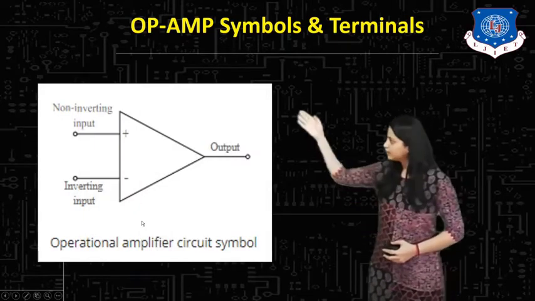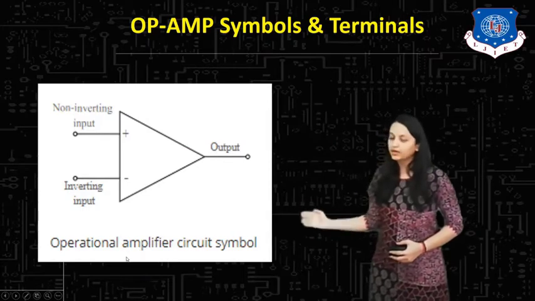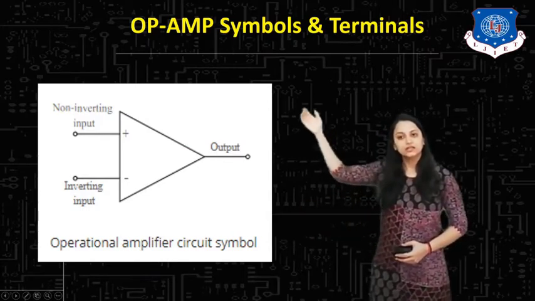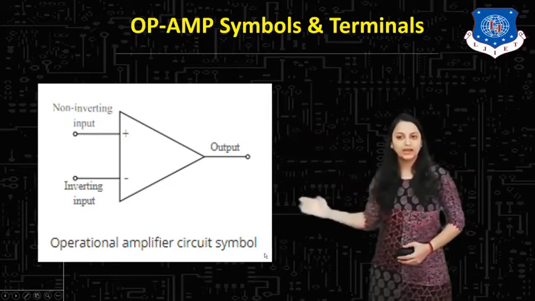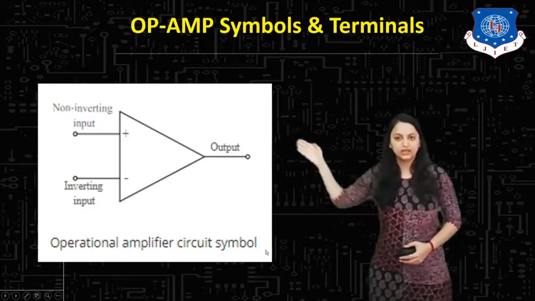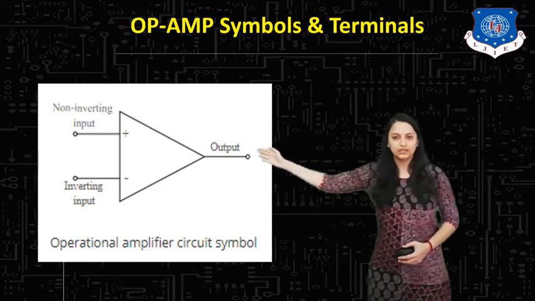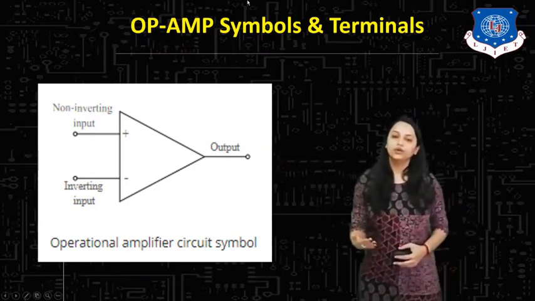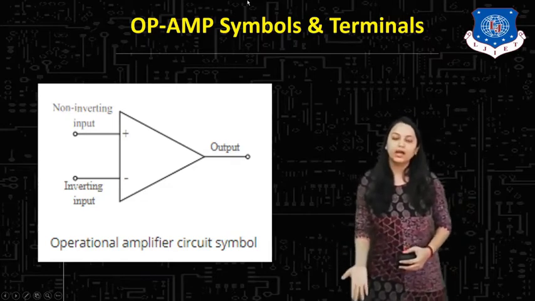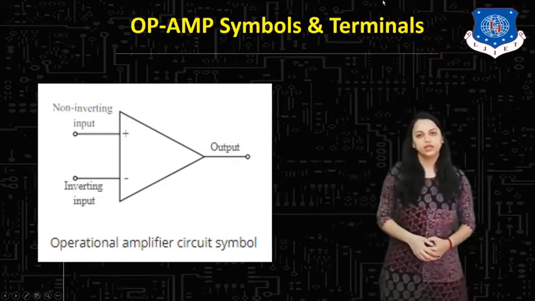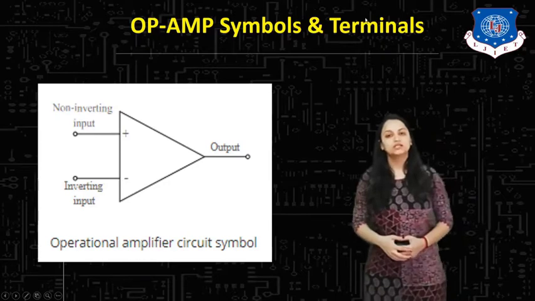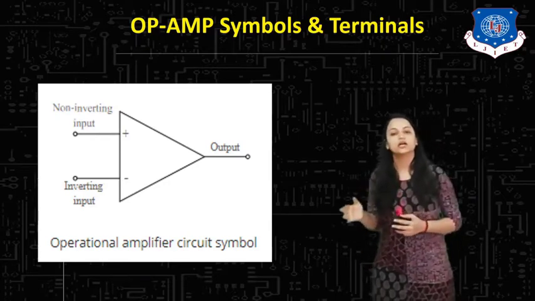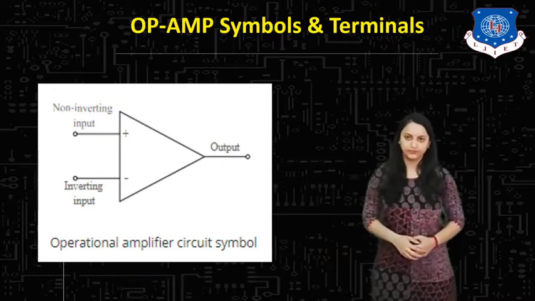So, first of all, let us see Op-Amp symbols and terminals. Here, as you can see, the Op-Amp symbol and its terminals are indicated. The first one is the non-inverting input, then the inverting input, and from this we are obtaining the output. There are basically two input terminals in any Op-Amp and one output terminal: one is the inverting input terminal and the other is the non-inverting input terminal.